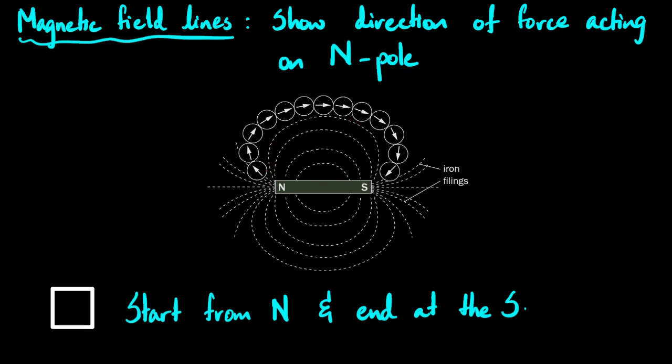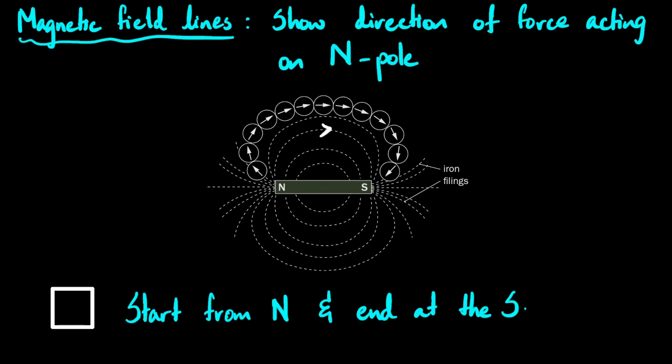So the first thing that you need to remember is that the magnetic field lines start from the north and end at the south. And there's also a very easy way to remember this: it's the direction of force acting on a north pole. So the field lines go like this, and there would actually be an arrow here. What this shows is that if a north pole is placed here, it would go in that direction.